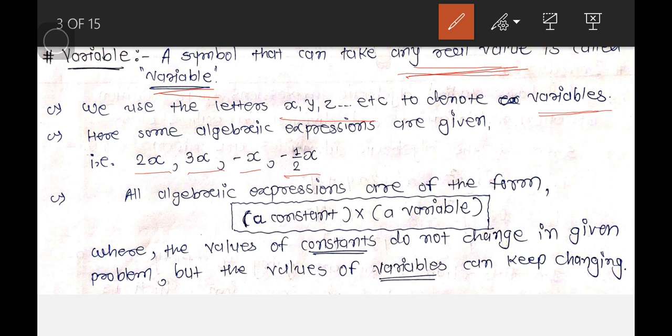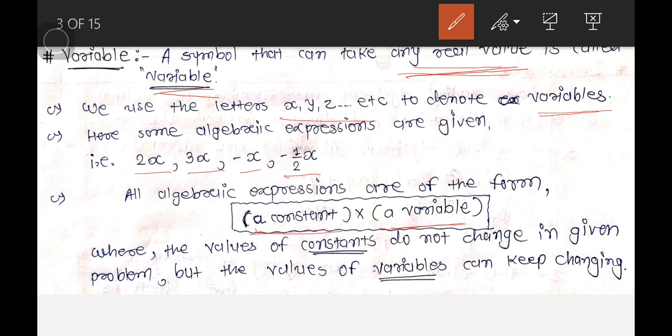Here all these algebraic expressions are in some form, as given, that all algebraic expressions are of the form a constant multiplied by a variable. You can see that in polynomials all algebraic expressions or terms are always in the form of a constant multiplied by a variable.